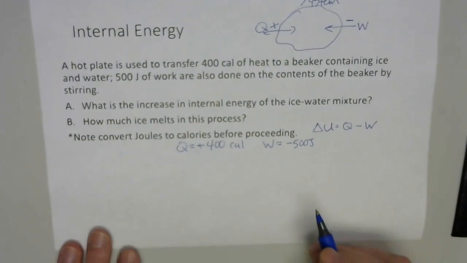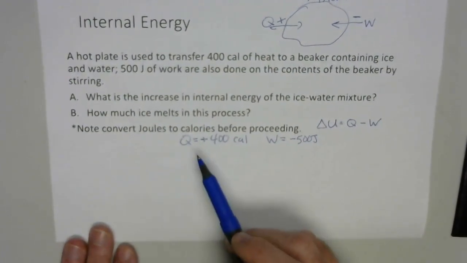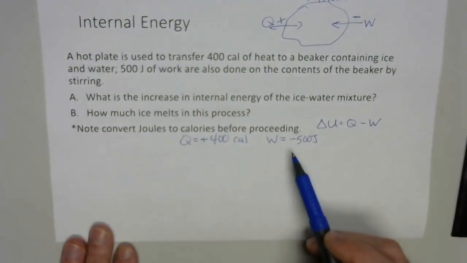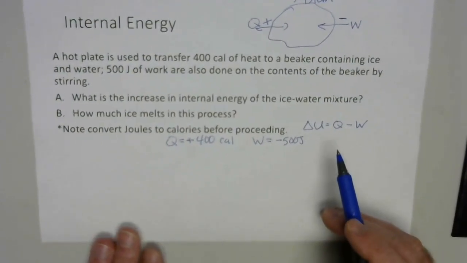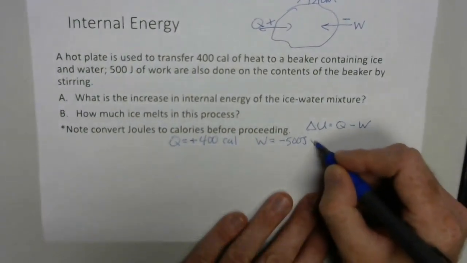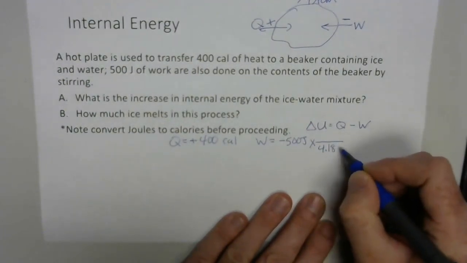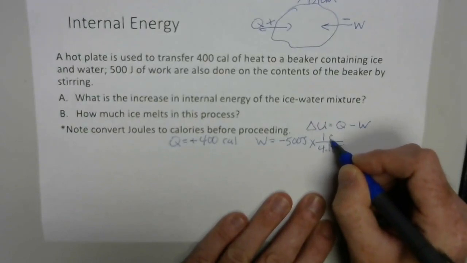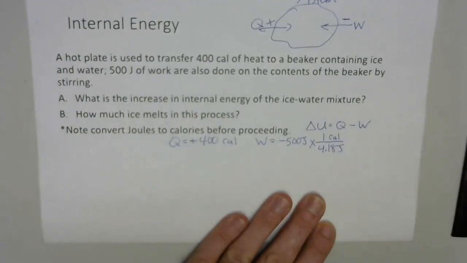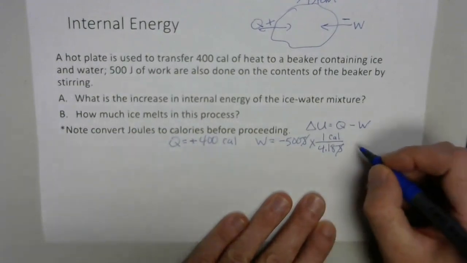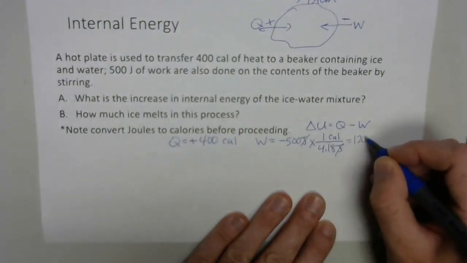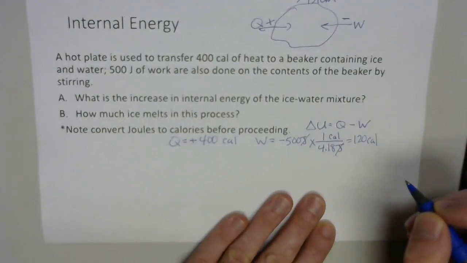Now notice this little asterisk down here says convert joules to calories per proceeding, because they gave you mixed and matched energy units, and we've got to fix that. Turns out there's 4.18 joules per 1 calorie, so we just need to do the conversion. And it's going to be about 120 calories.